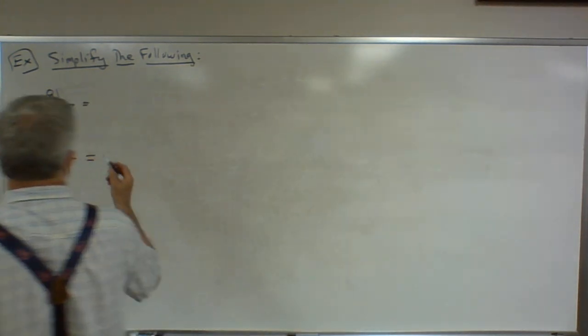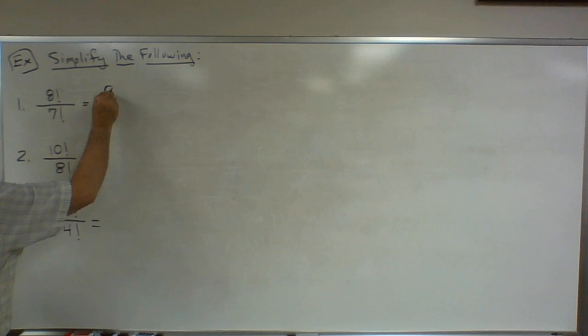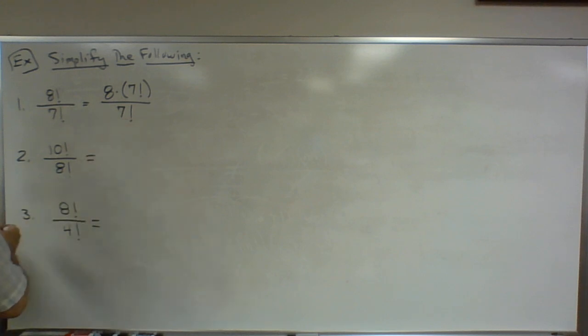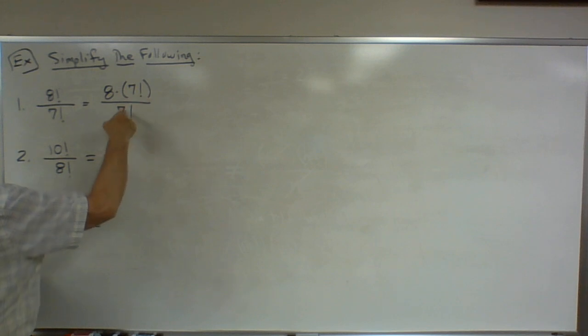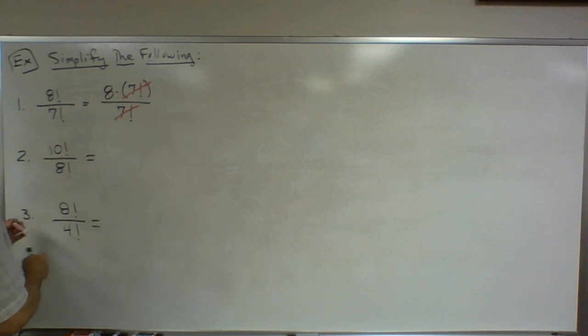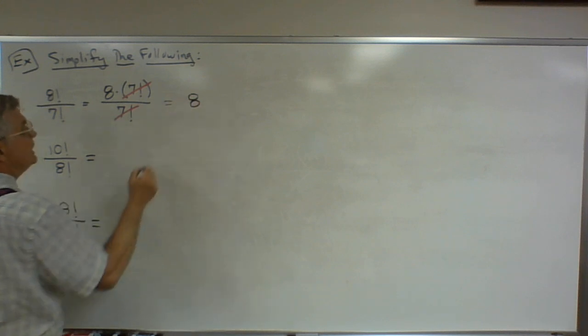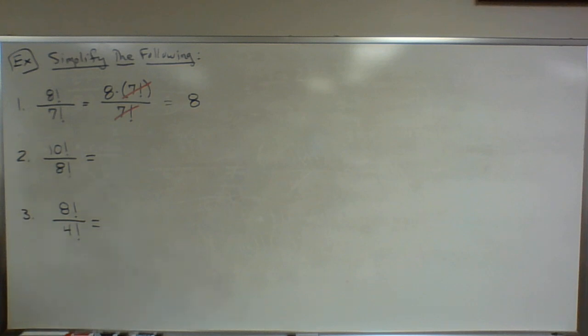That's right. 8 times 7 factorial over 7 factorial. And we can cancel equal things, and we get 8.